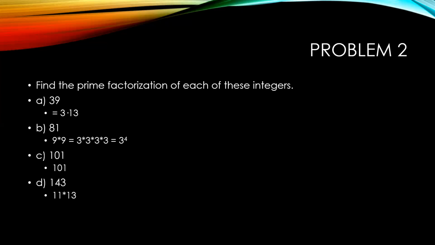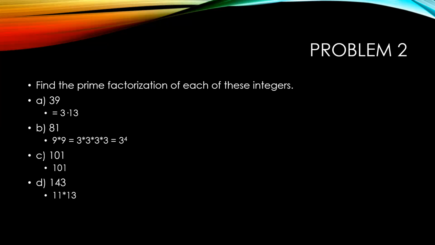Okay, how about 81? So definitely, one factor of 81 is 9. Okay, 9 times 9. So after getting these two factors, check if they are prime. 9 is not a prime. Okay, so we need to get the factors of 9.